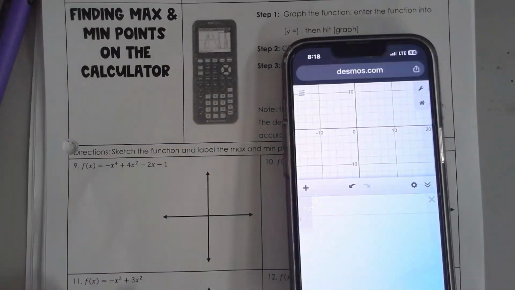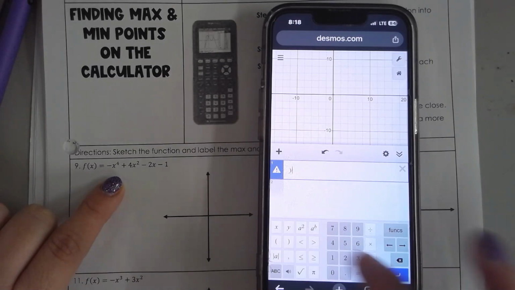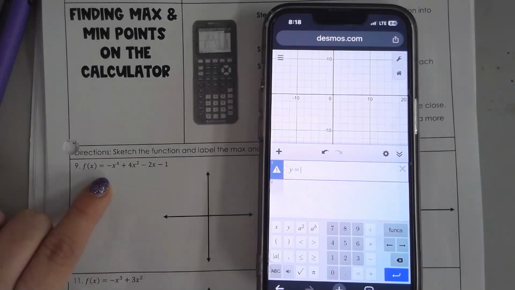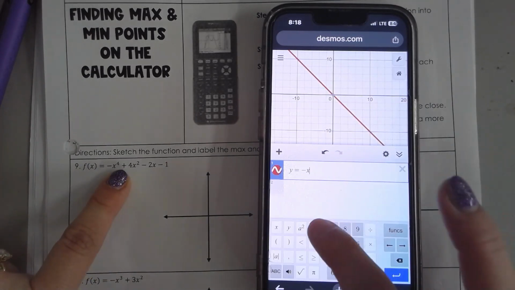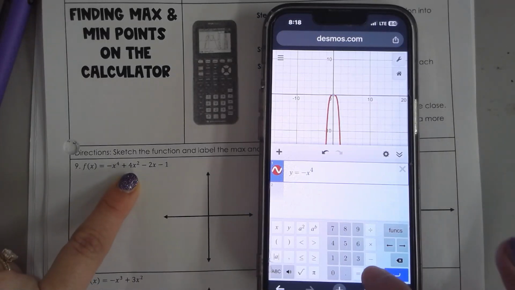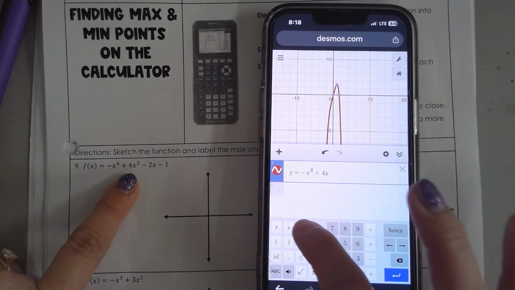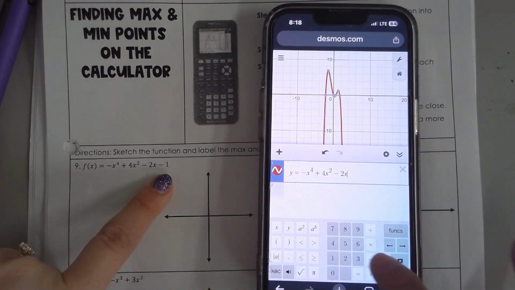So number 9. We have f of x, but in Desmos, y equals negative x to the 4th plus 4x squared minus 2x minus 1. And the good thing about Desmos, again, is that there's no separate minus and negative button. You use the same minus for both. It is a little harder to do on the phone.